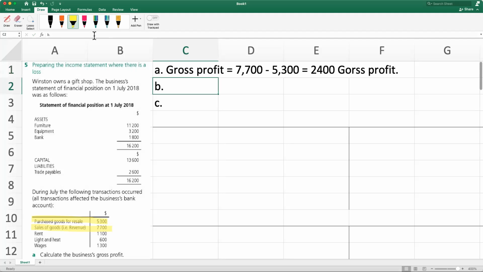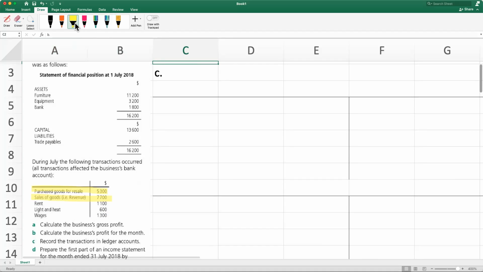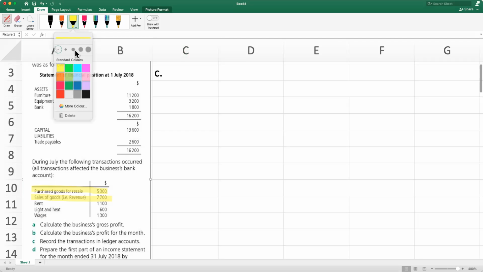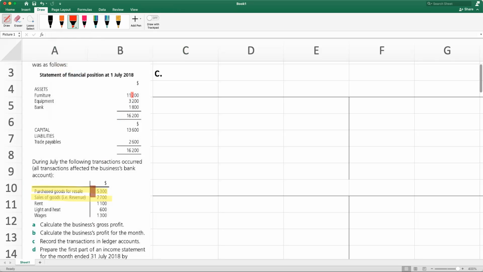Now, let's try to calculate our profit for the month. So now we need to use a different color, and then we need to minus off a few things. For example, we need to minus off the expenses that we incur: rent, light and heat, and wages.